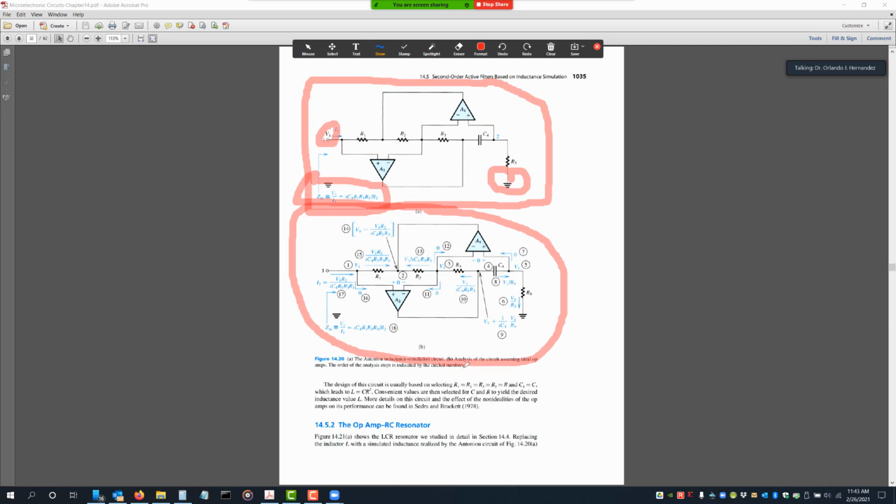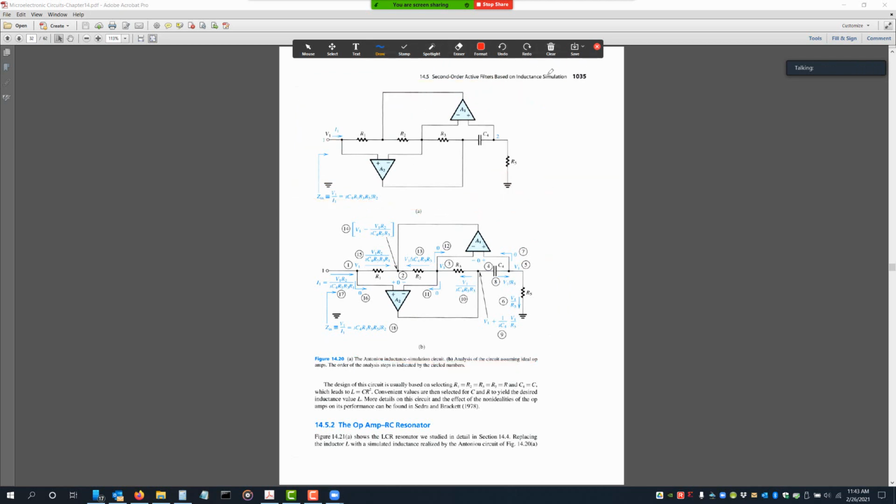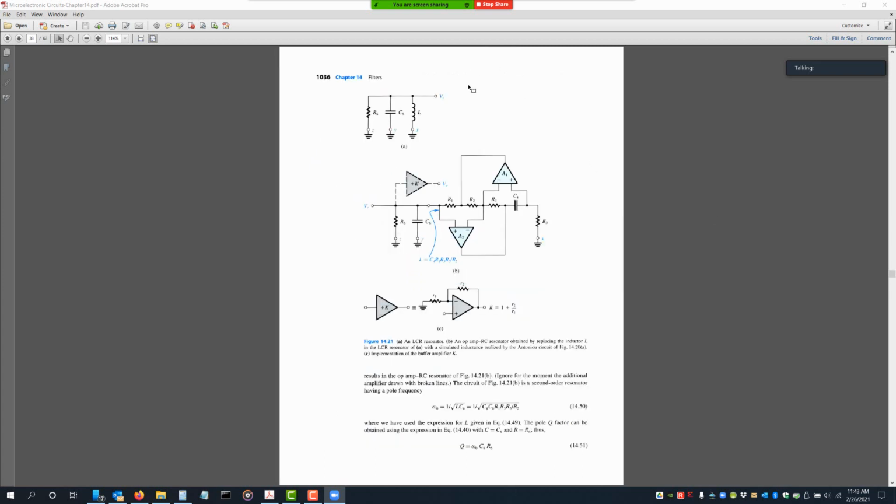Those are the steps the way they show it, and you can follow the derivation as you study this. So again, you could use this in place of the inductor in the LRC resonator, and you would get an active filter.